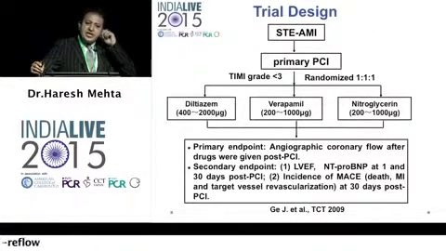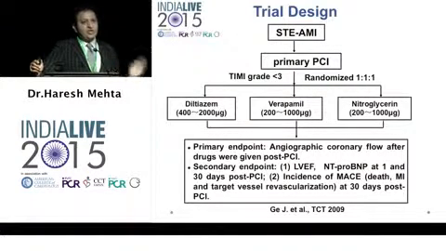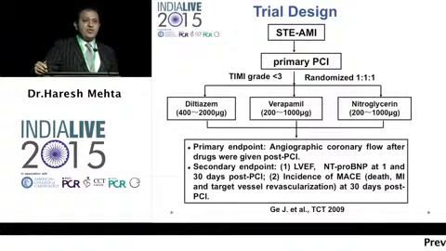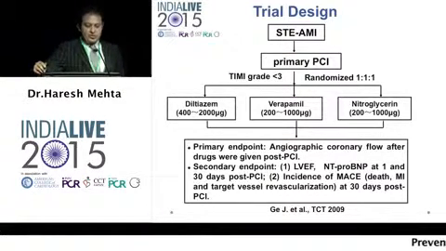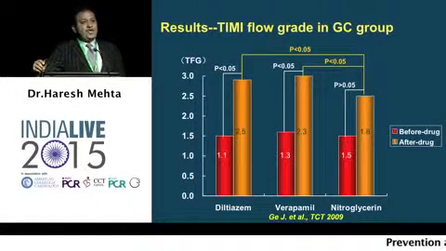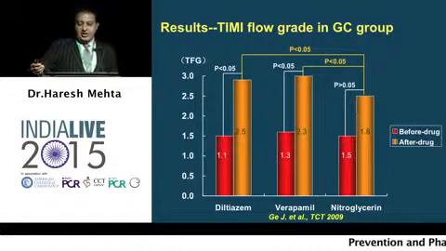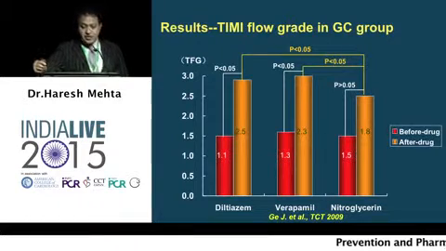This is a trial which compared diltiazem, verapamil, and nitroglycerine against each other, and also the use of microcatheter versus guide catheter. So should we give it through the guide catheter or through the microcatheter? What they found, if you use a guide catheter, the average TIMI flow was 2.3 to 2.5, and the least was 1.8 with nitroglycerine, and that was not significant.